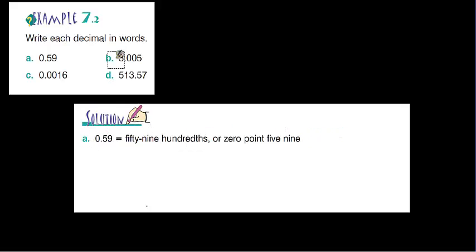Okay, so the second one, 3 and 5 thousandths, or 3.005.